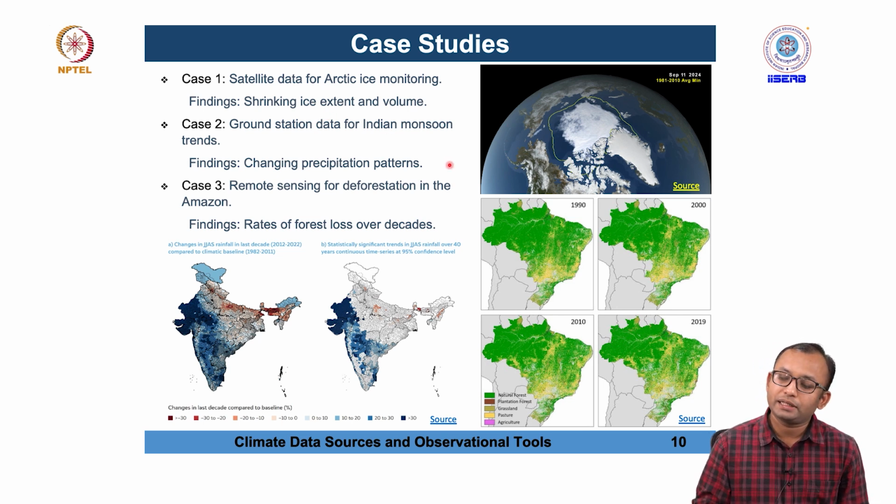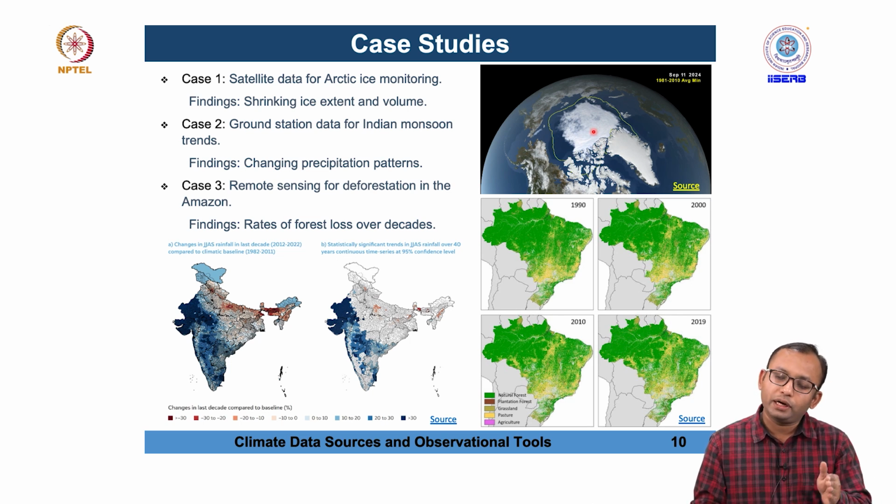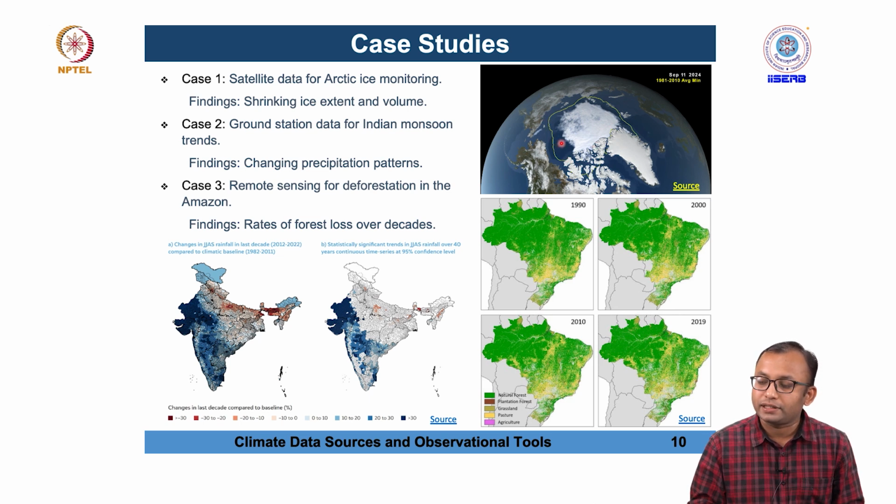For example, this is case study 1, where Arctic sea monitoring was done based on satellite observations, based on the annual record of the extent of Arctic ice and how it has changed over the years. The findings of this particular study suggest that the ice coverage area in the Arctic has been shrinking significantly faster.